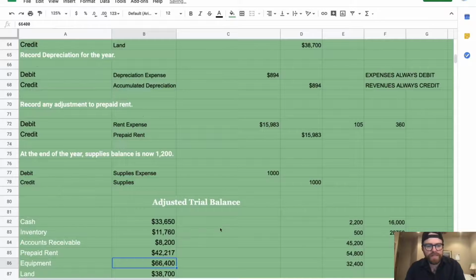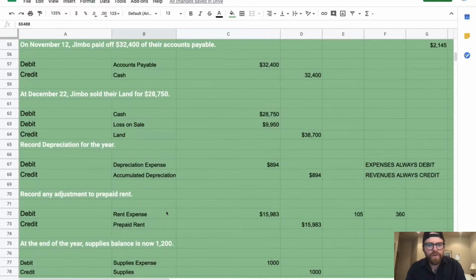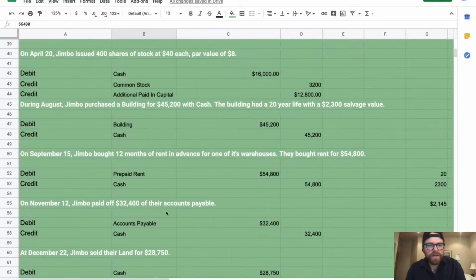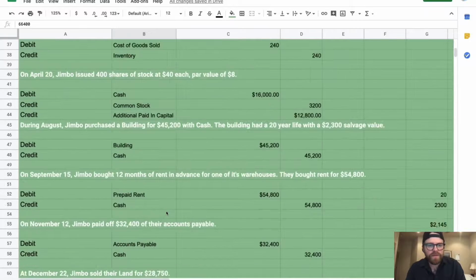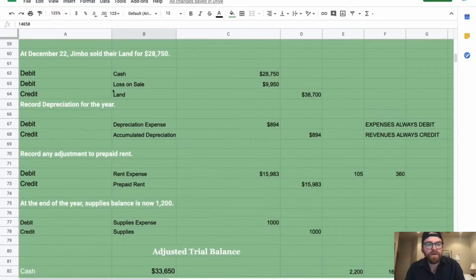And there we go. That's our new prepaid rent, 42,217. Now equipment, I don't see anything for equipment here. Nope, nothing. Land, remember we did sell it, so it is removed from the books. So this turns into a big fat 0. Remember that right there.